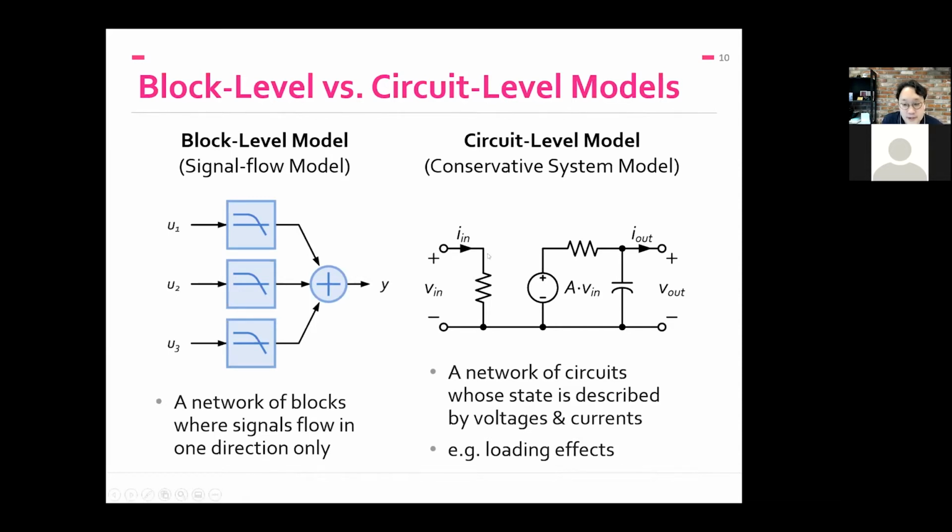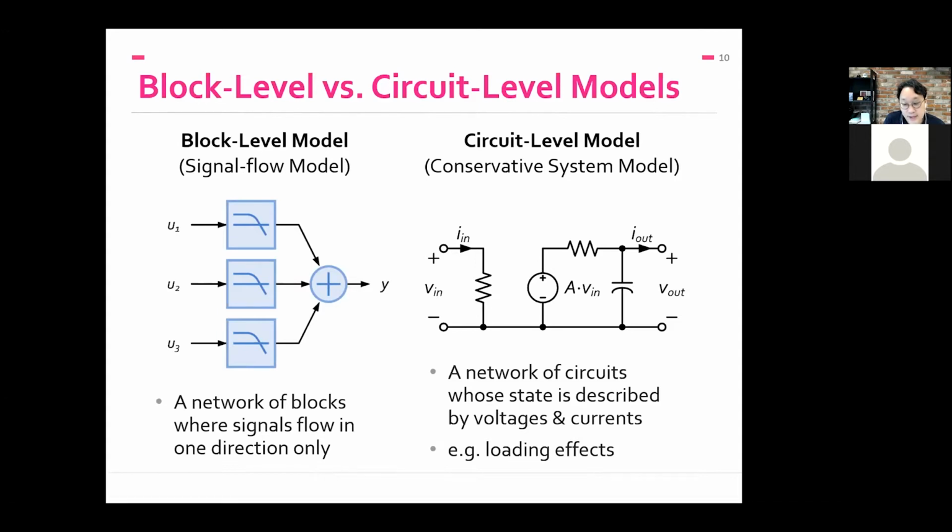For example, you may have a collection of circuit elements like resistors and capacitors, connected with voltages and currents, which may interact in a bidirectional way. To determine their values, you have to solve a Kirchhoff circuit equation in a simultaneous fashion. SystemVerilog, or Verilog in general, assumes that your system is a signal flow model, whereas SPICE assumes your circuit is always a conservative system model.